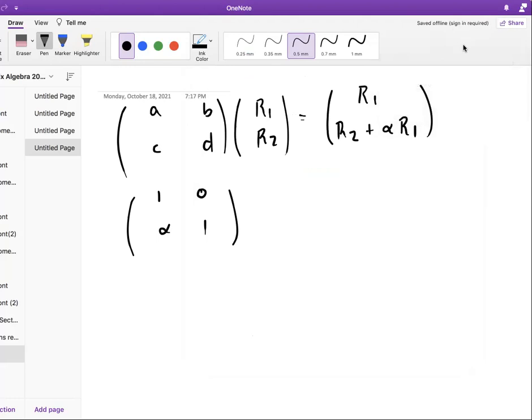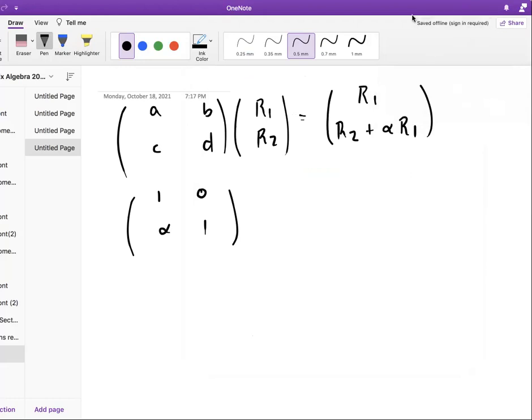It should be. All right, it's not saving right now, so at the end of class, I'll figure that out. Oh, it did work. Great.